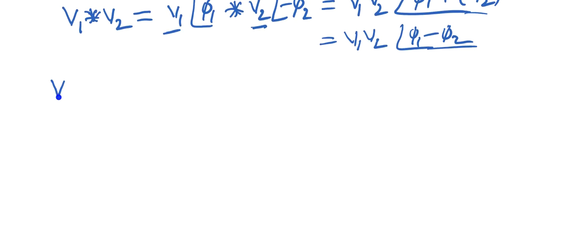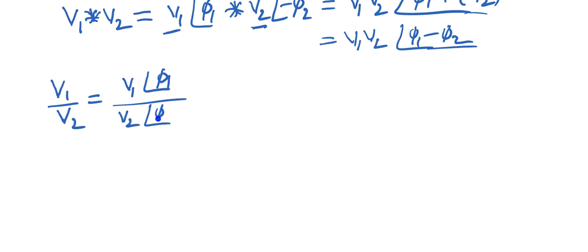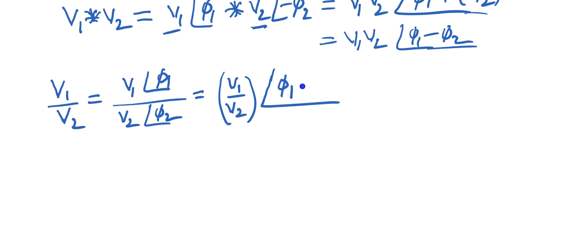Then what is the concept of division? How will you do the division here? V1 by V2, if you want to do this, as we know, the polar form is needed. This is my polar form with phi 1, and this is another polar form with phi 2. So I can write the magnitude V1 by V2, where the angle should be subtracted: one angle should be subtracted from the other angle.